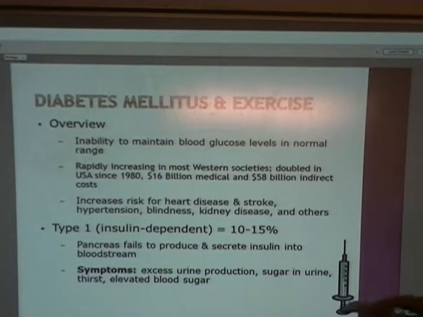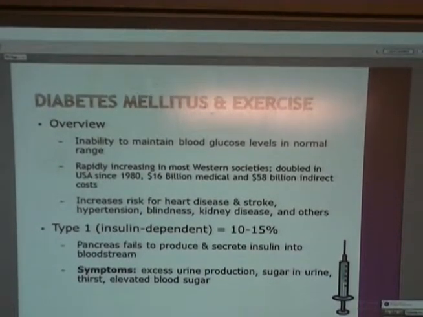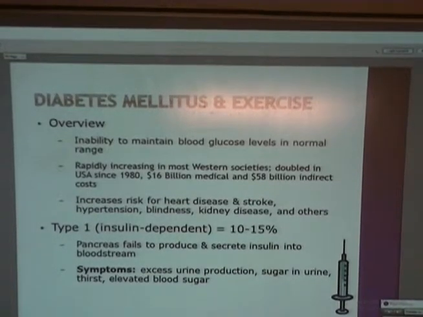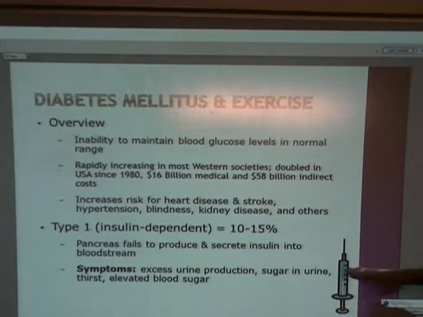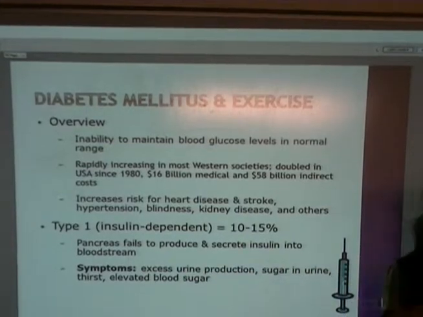Okay? Symptoms for type 1: excessive urine production, which you should recognize, right? Sugar in the urine, you probably wouldn't know. It might smell really sweet, but ketones can do that as well, so you wouldn't know that unless it was tested. Being thirsty.